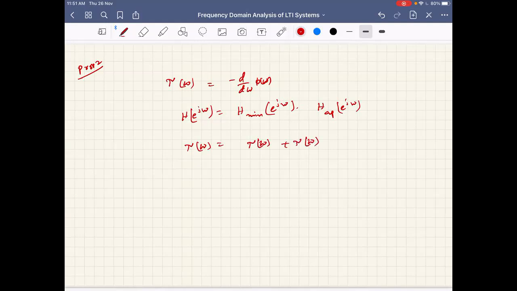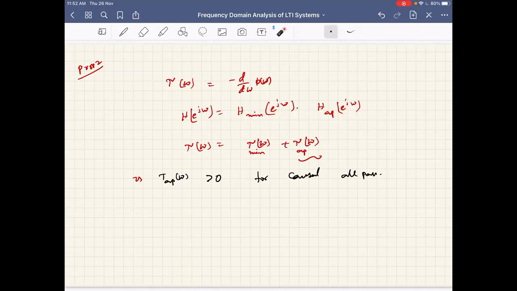We have seen that the group delay of the all pass system is always greater than 0 for causal all pass systems, because causality is ensured by this multiplication and overlap with the minimum phase system.